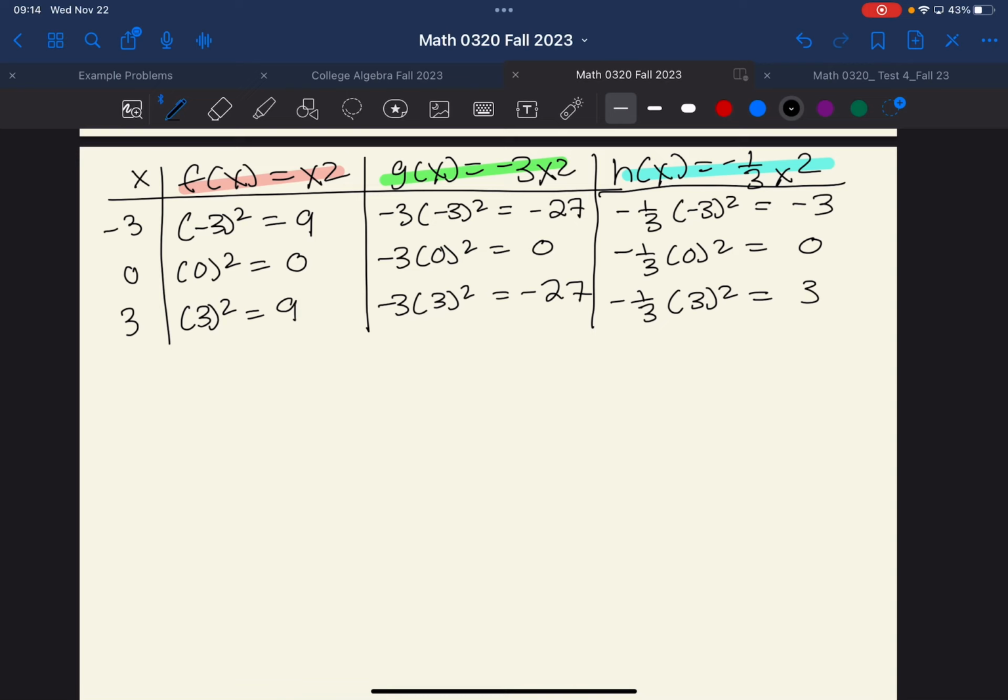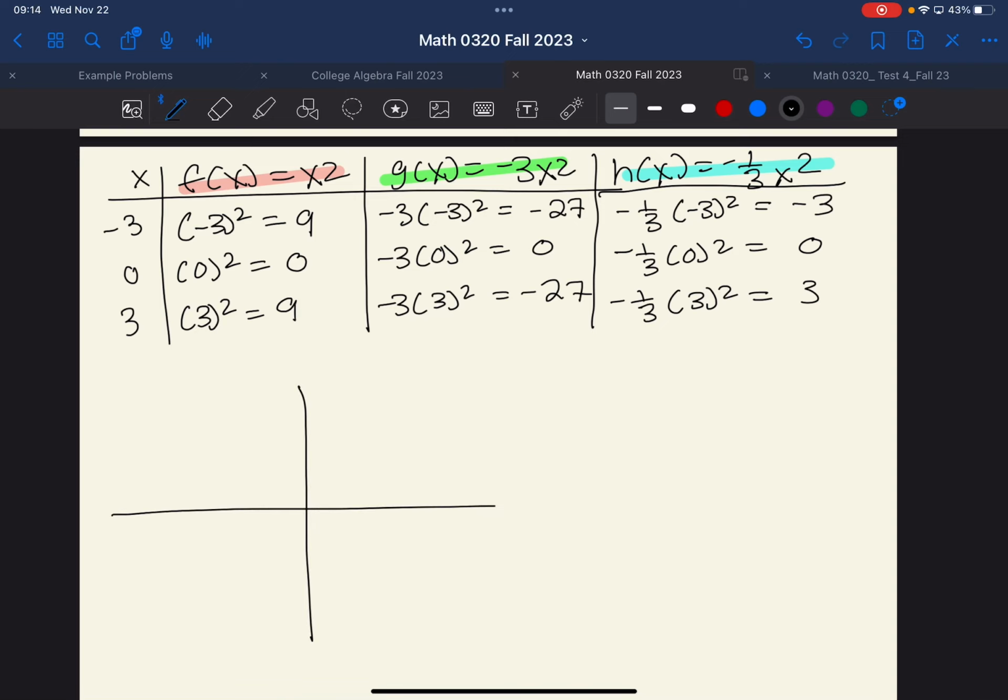Again, they all share that same origin, that same vertex at 0, 0. The only thing that's happening is that some of the numbers are getting smaller, some are getting larger. So it's going to create that effect of our graph getting skinnier versus wider.